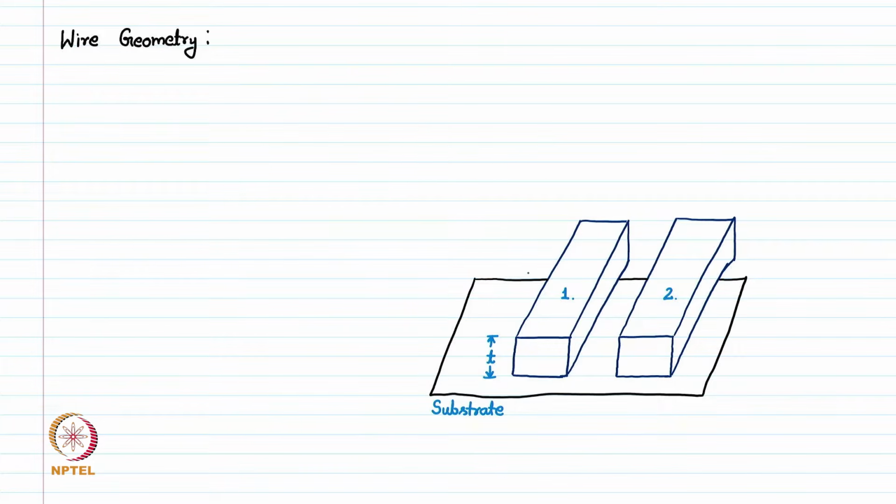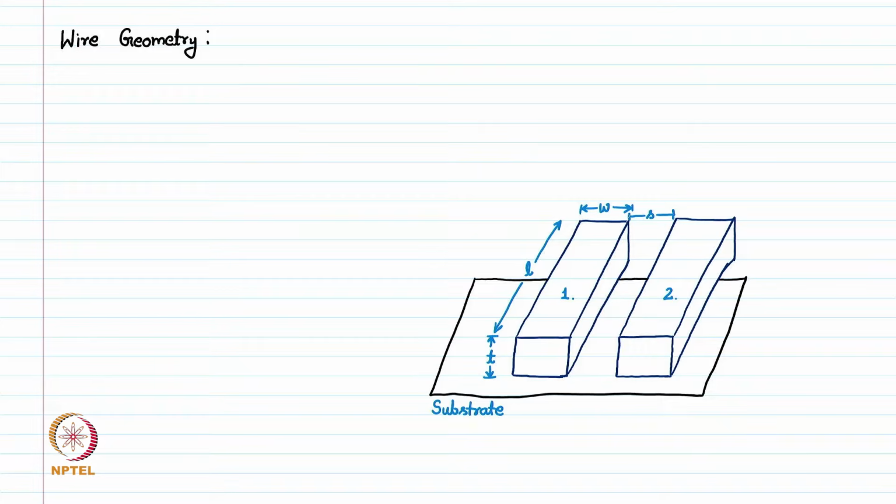The length of the wire is, let's say, small l, and the width of the wire is W, from here to here, and the spacing between these wires is small s, from here to here.